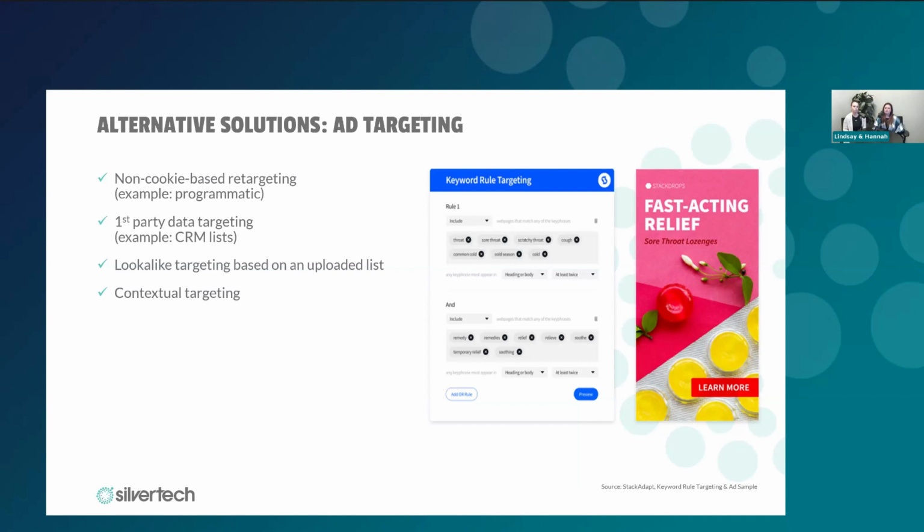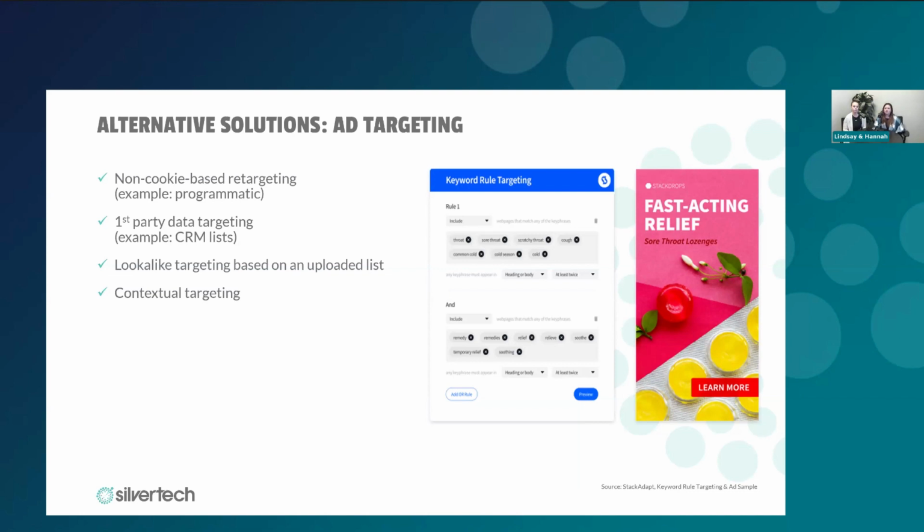So you'll see in this screenshot of the back end, we have a couple different rules set up. And essentially we have that rule 1 set up where we have keywords like cold season, cold, sore throat, cough. So those types of relevant keywords around somebody being sick.